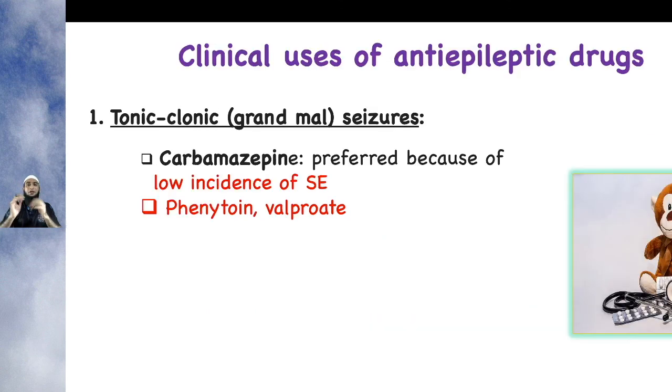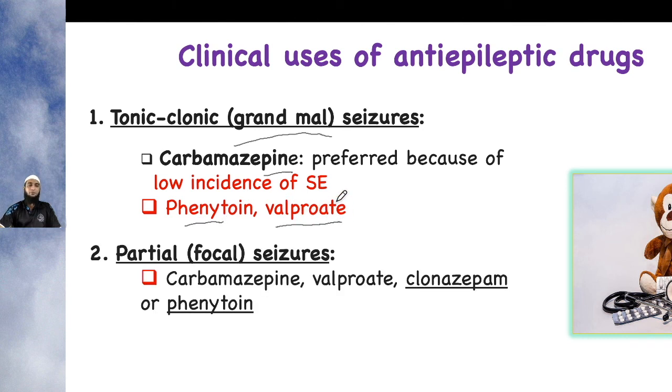Let's see what the clinical uses of anti-epileptic drugs are. The first clinical use, obviously, is related to their anti-epileptic action. So they are used for the treatment of different types of epilepsy. For example, in case of tonic-clonic or grand mal epilepsy, you use sodium channel blockers like carbamazepine and phenytoin, and you use the GABA enhancer like valproate.